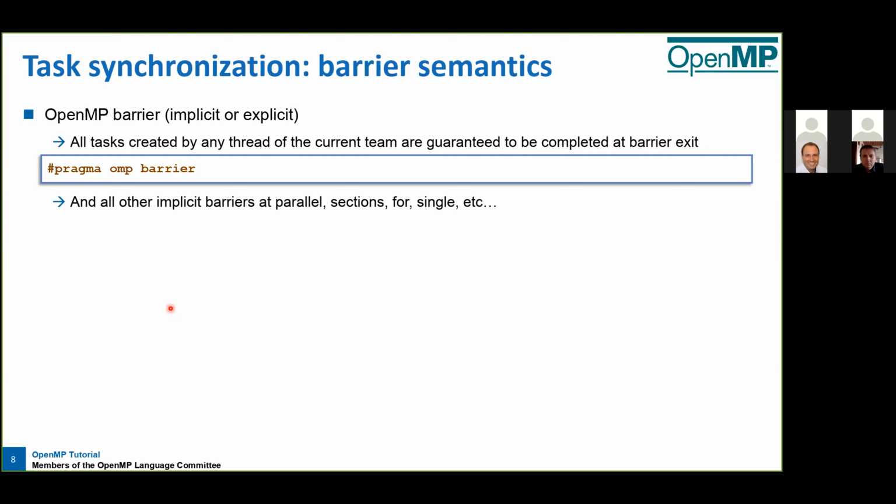That means at the end of an either explicit or implicit barrier, all tasks are guaranteed to be completed as soon as the first thread actually leaves the barrier. So the barrier semantic has been extended to wait for all threads and all tasks.